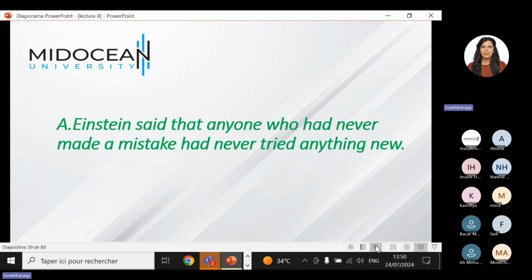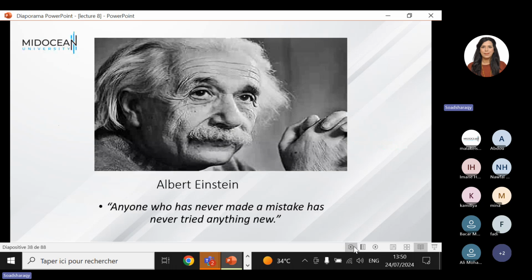So, reported speech. Einstein said that anyone who had never made a mistake had never tried anything new. So here, as you see, the verb is in the simple present perfect. So in reported speech, we change it into past perfect tense.